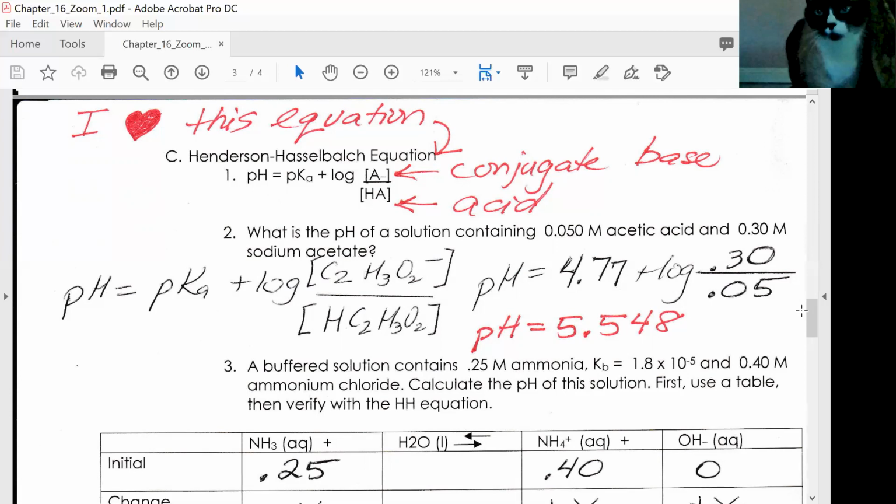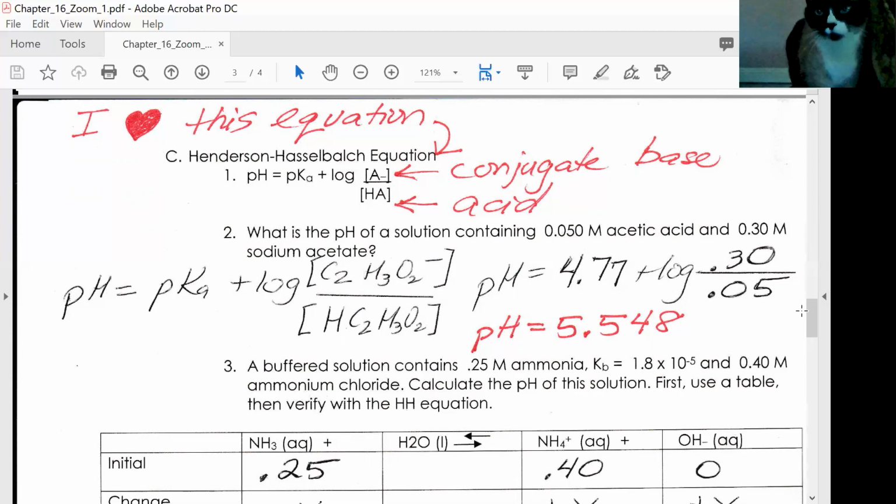So our first question is, what is the pH of a solution containing 0.05 molar acetic acid and 0.3 molar sodium acetate? So again, sodium is a spectator ion. We set up our HH equation.